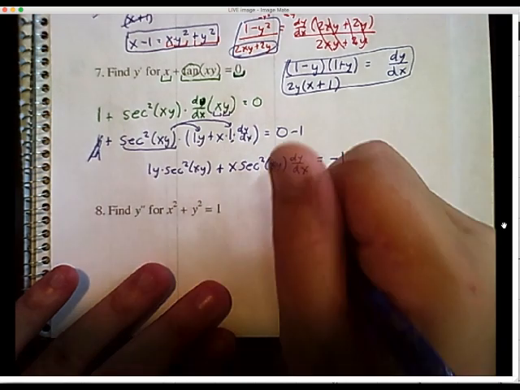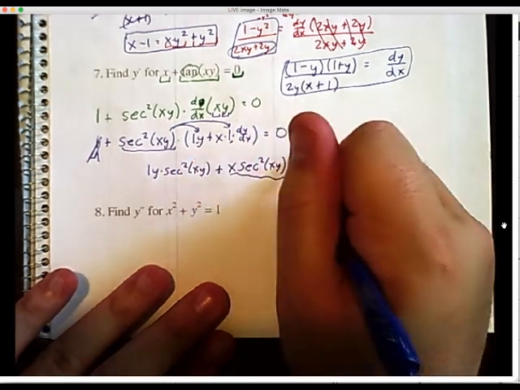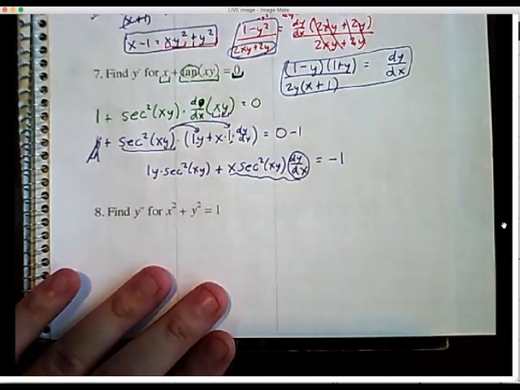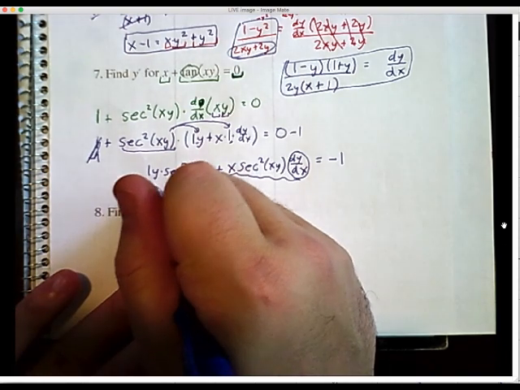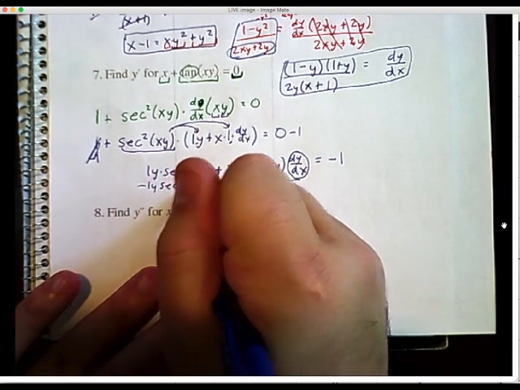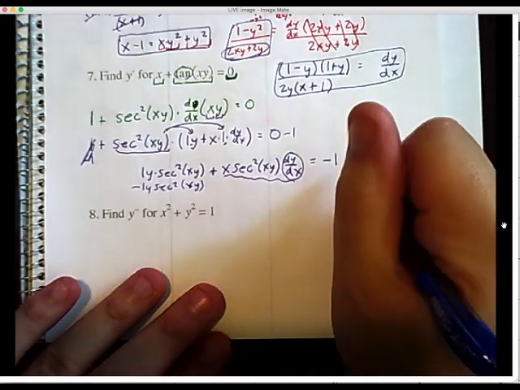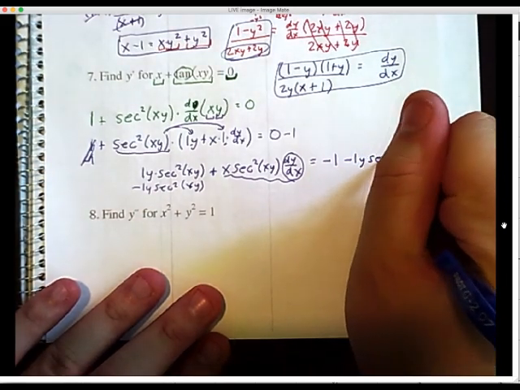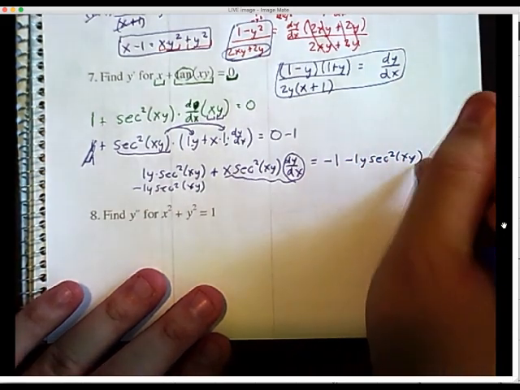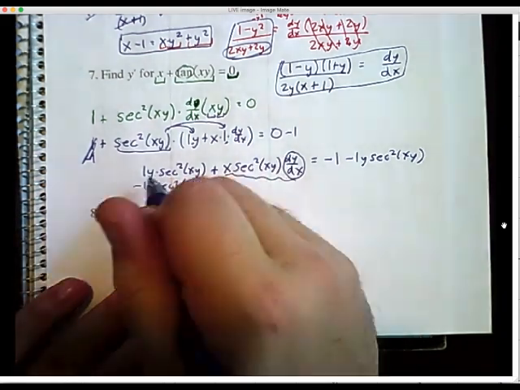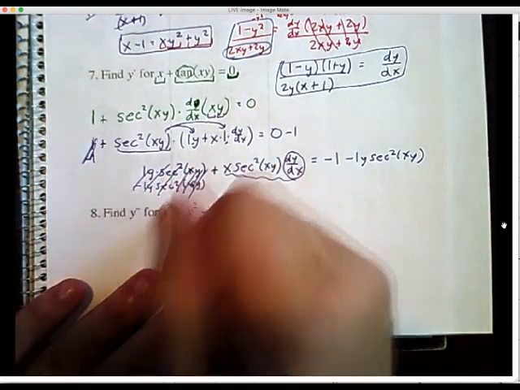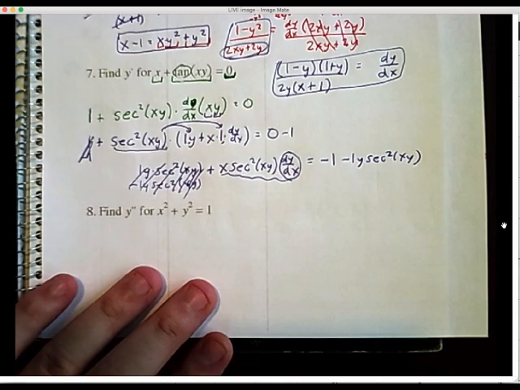Now this is the only term with a dy over dx on it. So I should subtract out this 1y secant squared of xy. So let's subtract out 1y secant squared of xy. So I'm down to that.